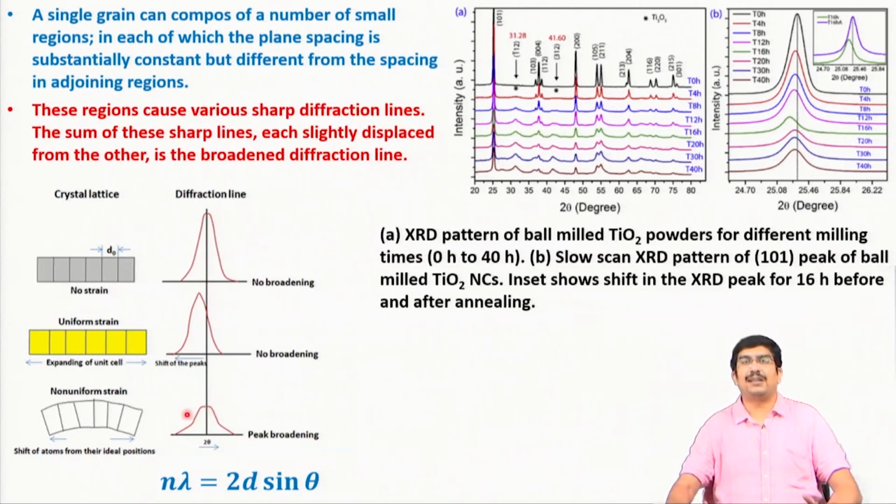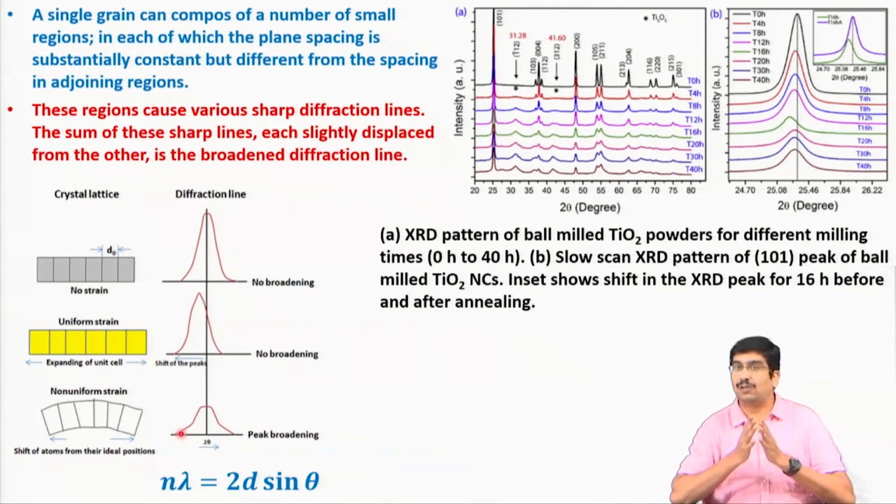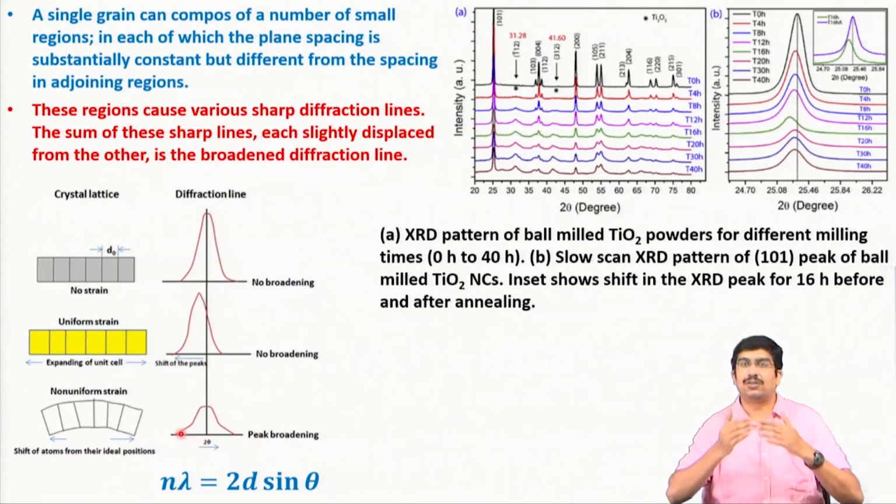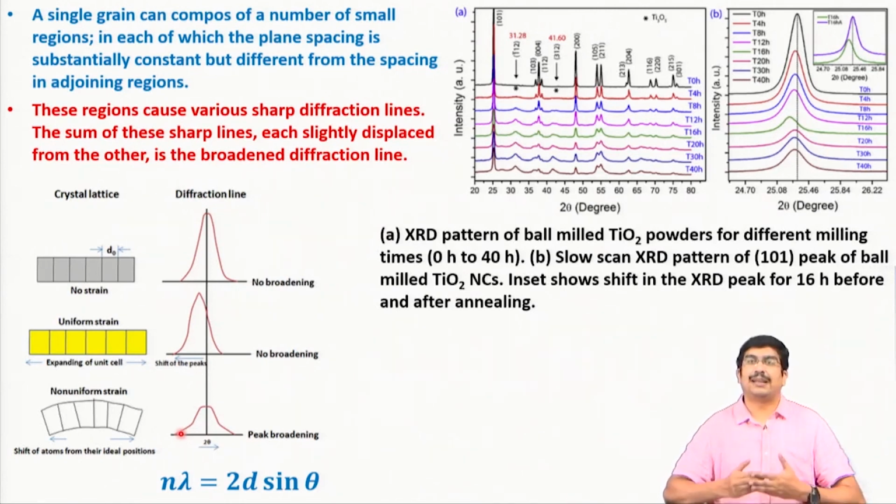Ultimately, this will result in a larger broadening of the peak, and intensity will also correspondingly decrease. So, that is the effect of micro stresses. Micro stresses will broaden the peak as well as decrease the intensity of the peak. Macro stresses will just shift that peak position. It will not cause a broadening, neither will it cause a decrease in the intensity.